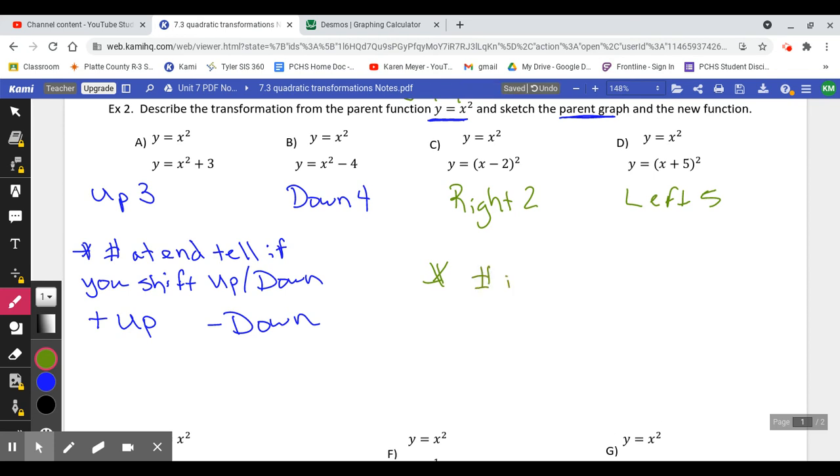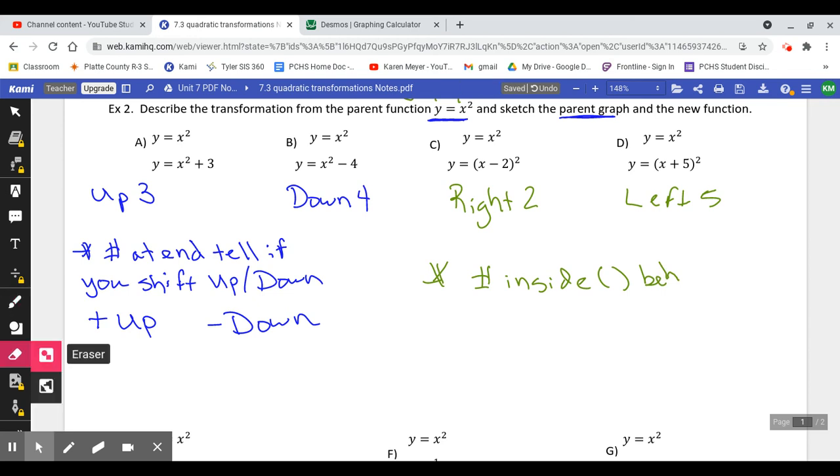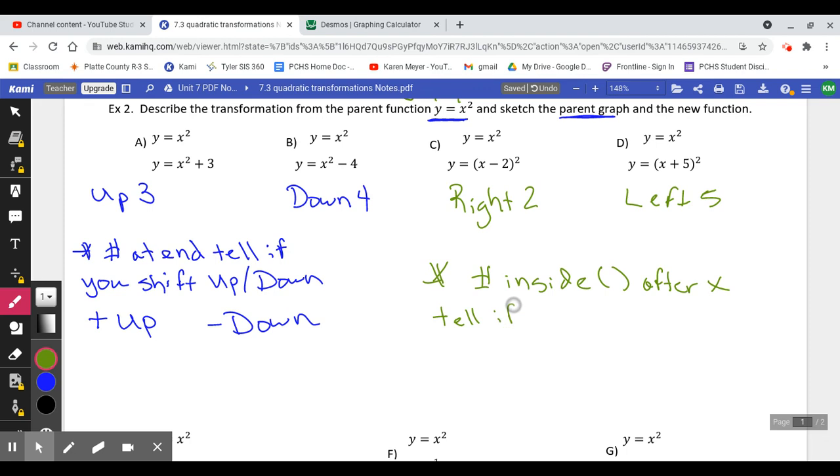The number inside the parentheses after x tells you if you shift right or left.